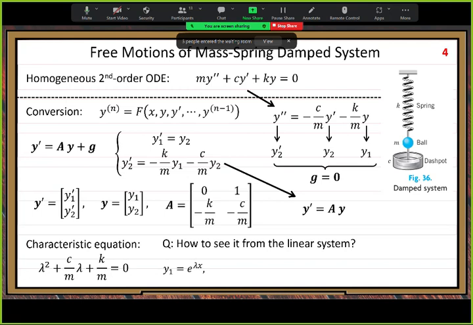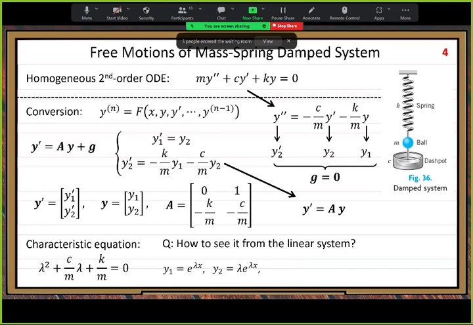For the second order homogeneous ODE, we use two different solutions like that and get a characteristic equation. So when we look at the linear system, we also use the same two-solution format.